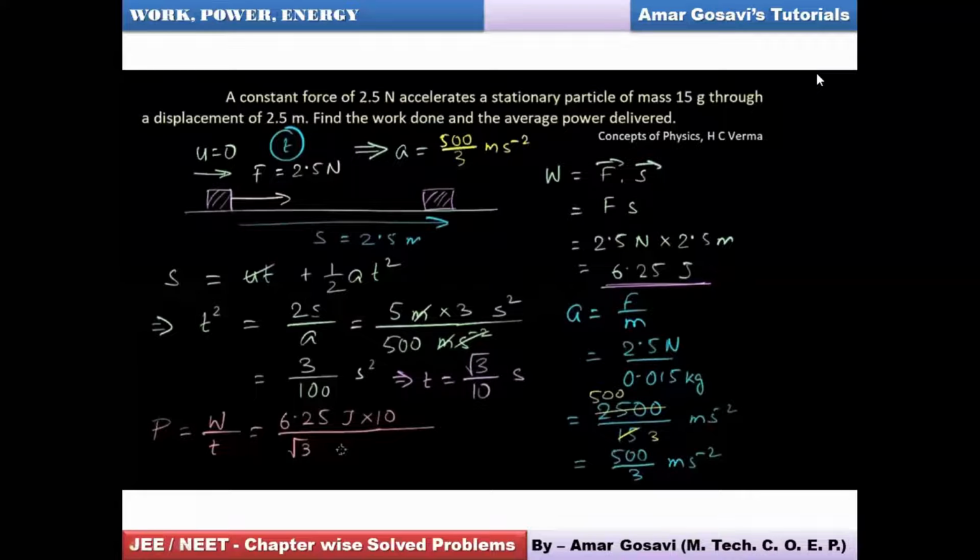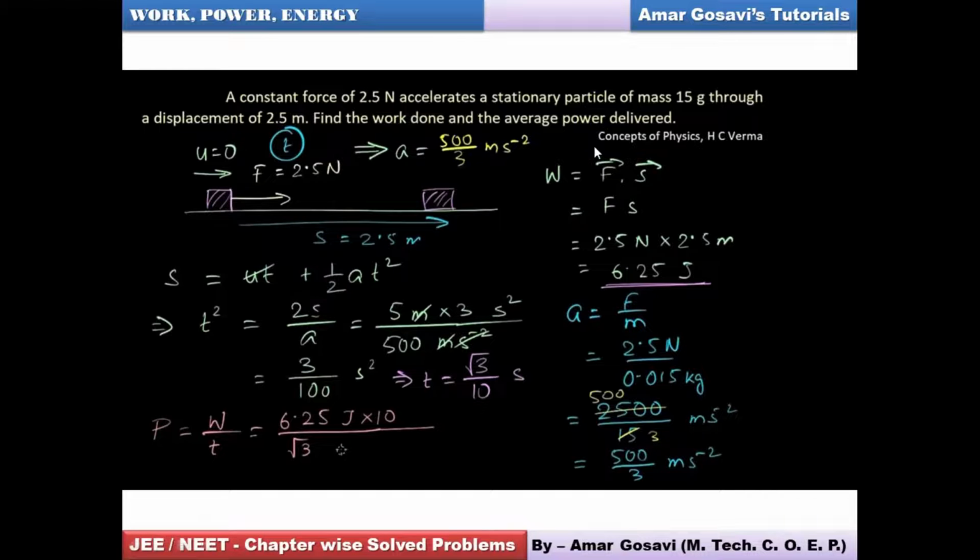The angle between the force vector and the displacement vector is 0, so cos 0 is 1. So Fs cos theta will be simply 2.5 into 2.5, that is 6.25 joules. So the first step is to find out work done, and we got it as 6.25 joules.